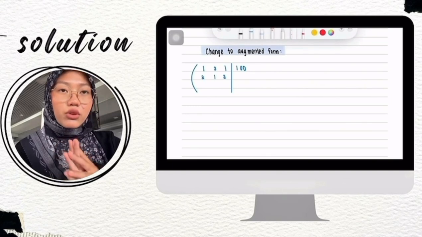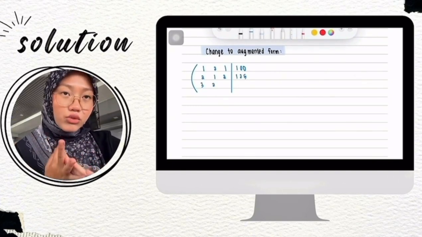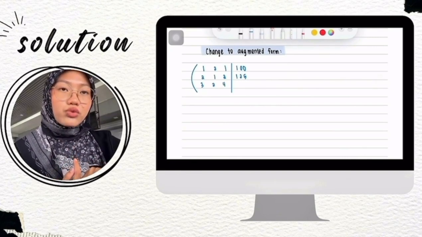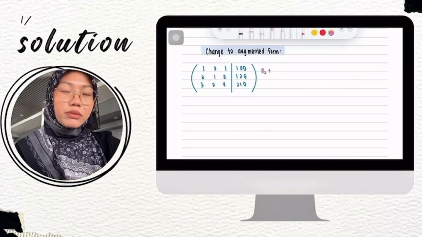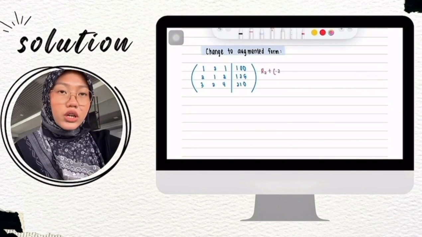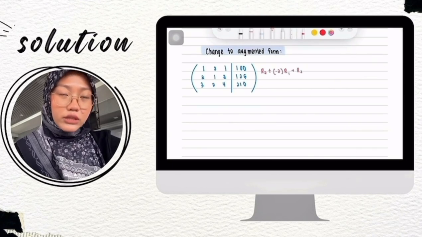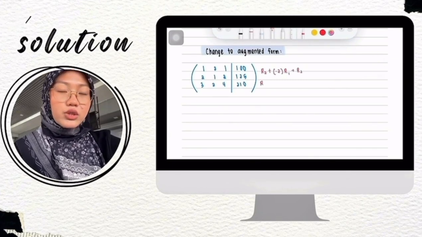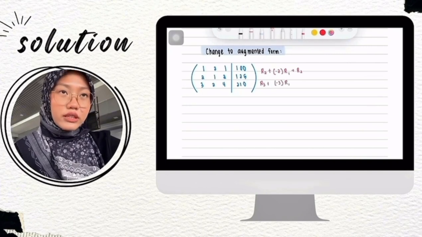And then the second row is 2, 1, 2, and 125. And lastly, the third row, we will get 3, 2, 4, and 210. So by this, like I say, we need to change it into RREF, where for each leading one in each column, there's a 0 everywhere. So we need to make all the numbers into 0, except the leading one.